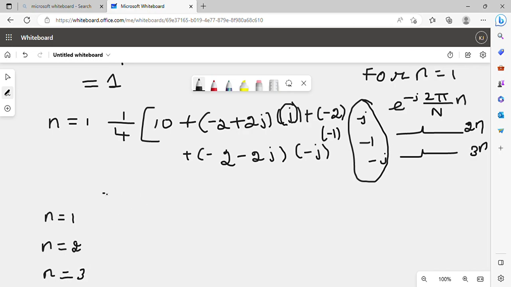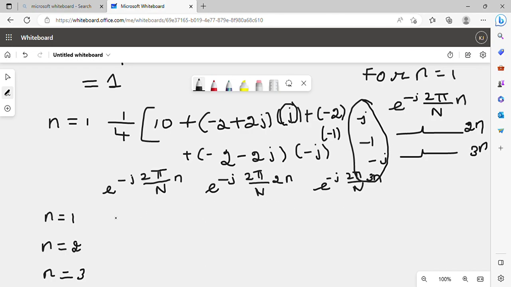Right over here it is e to the power of minus j 2 pi by N into n, and e to the power of minus j 2 pi by N into 2n, and then e to the power of minus j 2 pi by N into 3n.